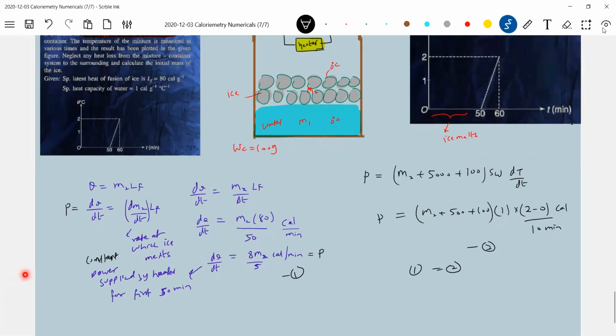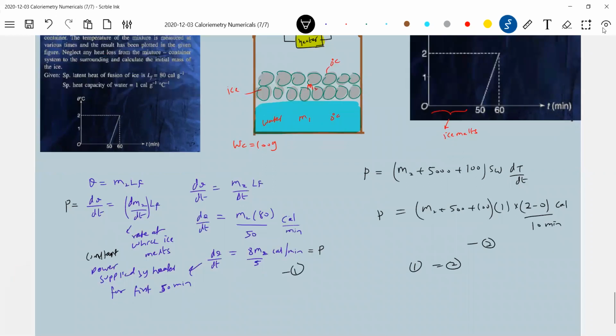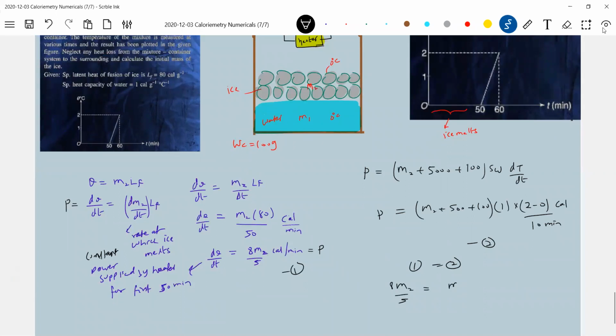So this will become 8 m2 by 5 equals the other expression. Solve for m2, you'll get the mass of ice. Anybody has the value? Check the answer once.